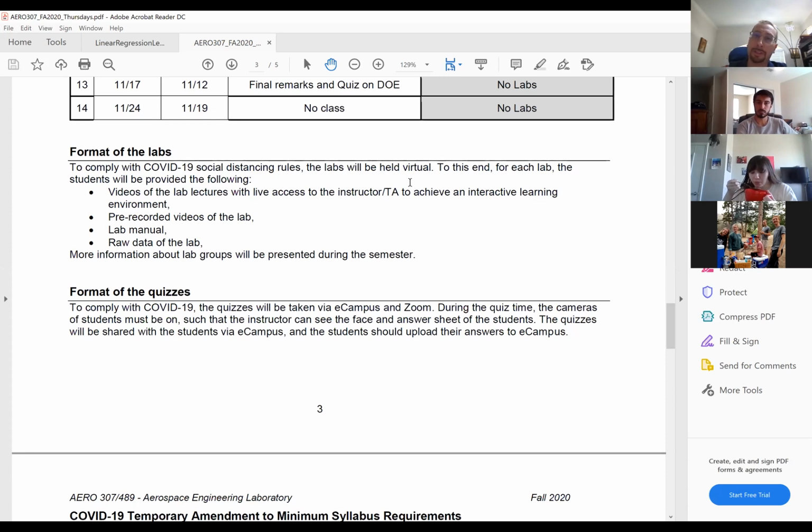The TAs will share with you the videos of the labs as they're running them, pre-recorded, and I'll give you lectures on the labs. They give you the lab manual and the raw data, and you have to turn in the lab reports or worksheets.